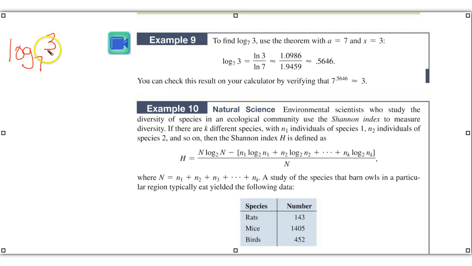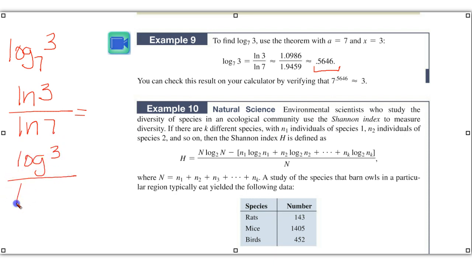Now, that's not found in our calculator, but we can go to natural log of 3 divided by natural log of 7. And that gives us a nice answer here. Now you can try that as log of 3 divided by log of 7.